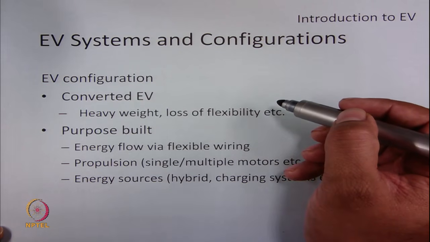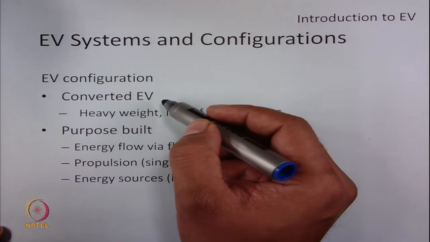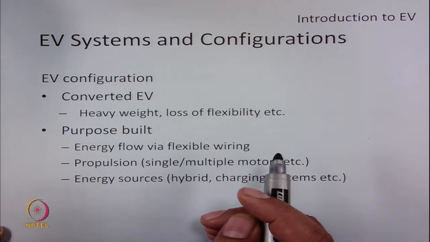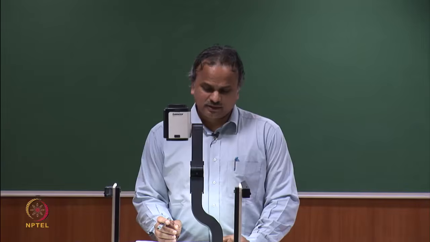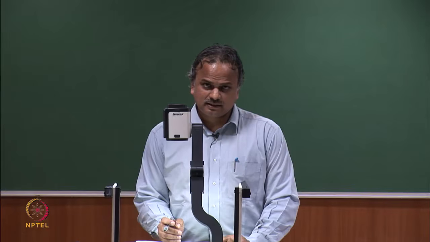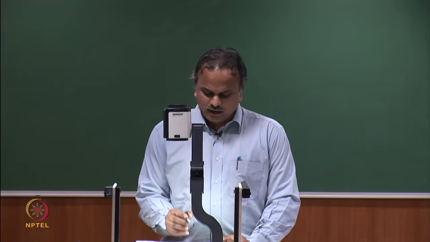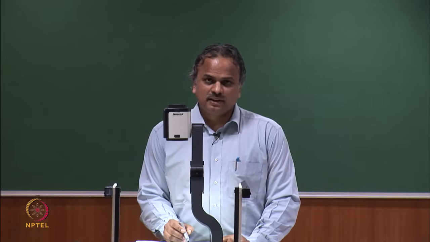So, the new EV which is developed has to accommodate the motor and energy sources in place of the IC engine, or it can use the storage capacity of the IC engine, such as luggage space, etc. Nowadays, all modern EVs are purpose built.